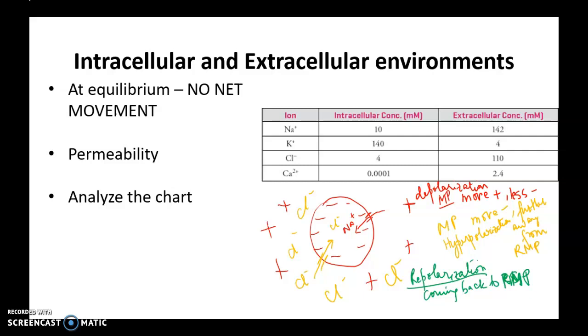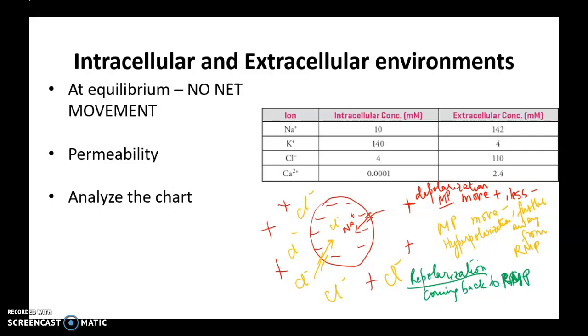So at rest, we have more negative charge inside as compared to outside the cell. And this difference in charge is called resting membrane potential. If we have positive charge entering the cell, then the inside of the cell will become less negative, more positive, a state called depolarization.